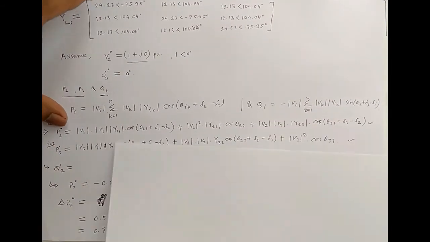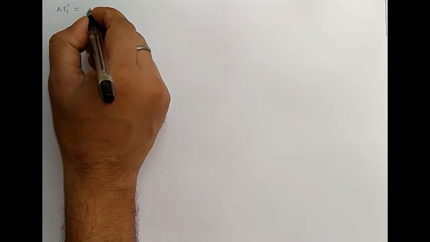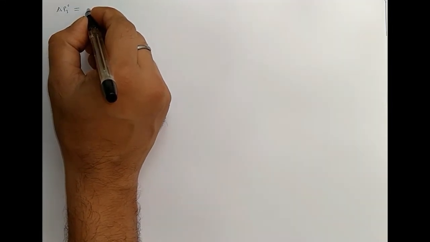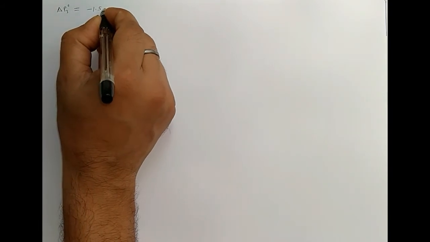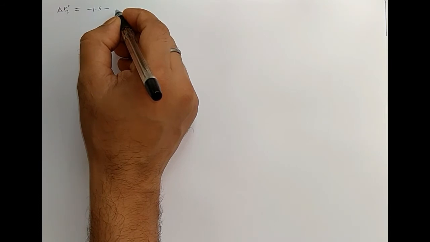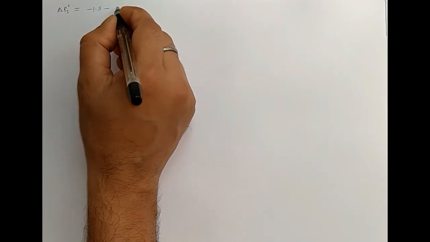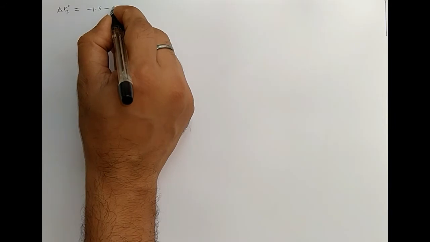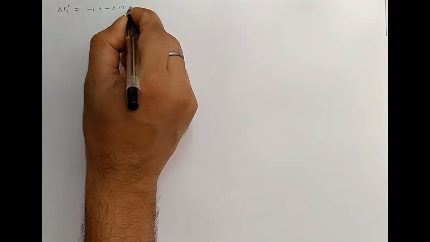In this way, we calculate delta P30, which equals the specified value at bus 3, minus 1.5, minus the calculated approximate value for P3, which was 0.12.